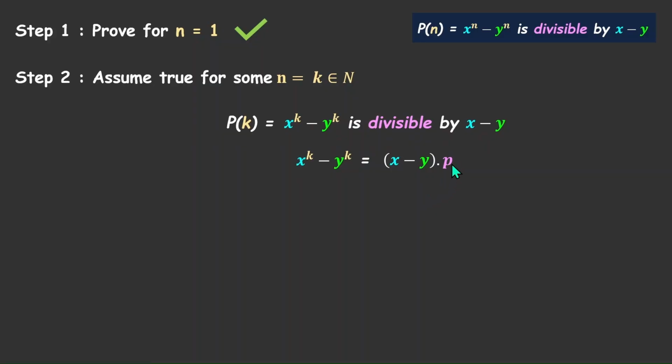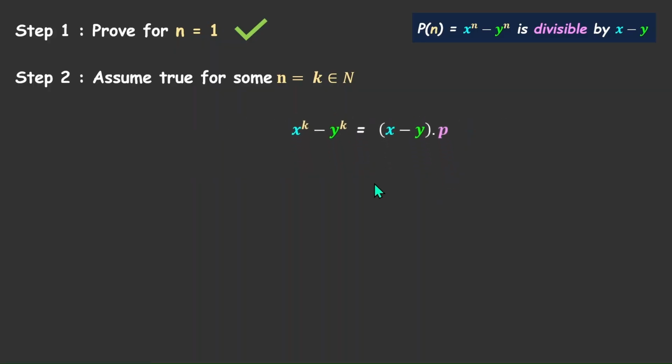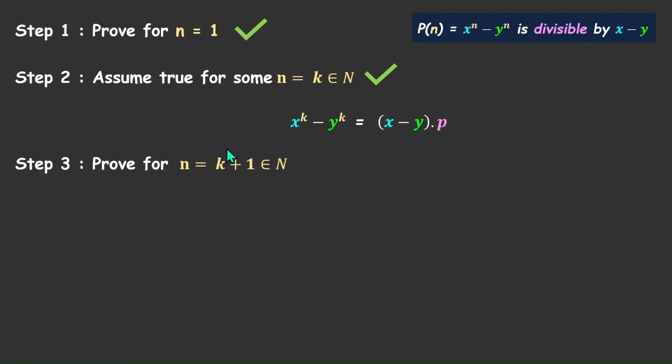And this p is a constant, or the quotient, that we can use. So this is a more mathematical way to write the same equation. So we are assuming it true for n is equal to k, which means we are saying that this equation is true. And the third step now is to prove it for n is equal to k plus 1.